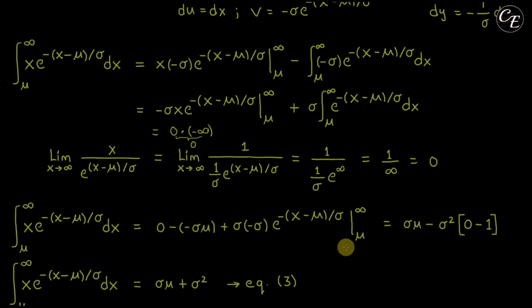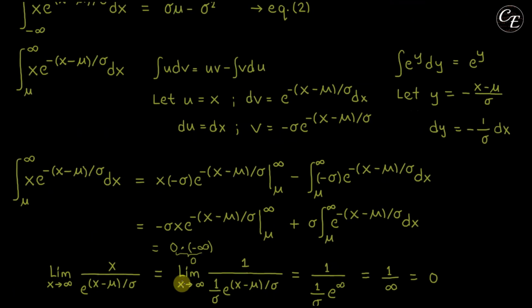Then if we substitute this mu for x in here, we have mu minus mu, which is 0, and 0 divided by constant, which is greater than 0, still 0. And negative 0 is still 0, and e raised to 0 is 1. So we have here 1. Then we have here sigma mu minus and minus, we have plus, then sigma squared times 1, which is sigma squared. Then the result of evaluating this integral expression is sigma mu plus sigma squared.